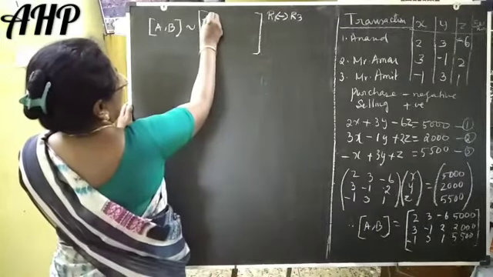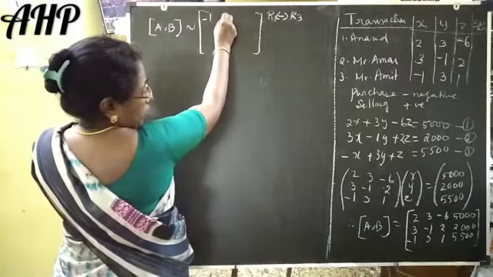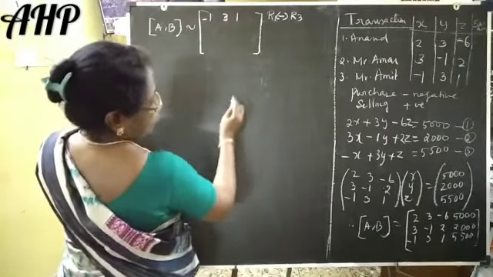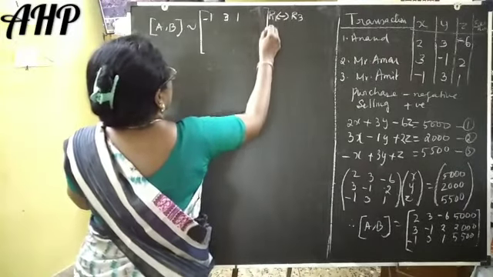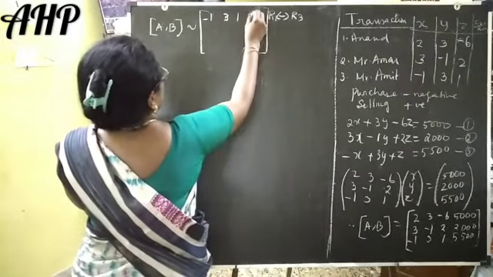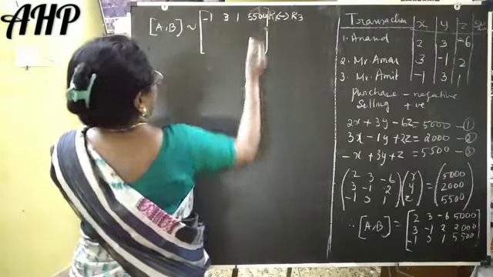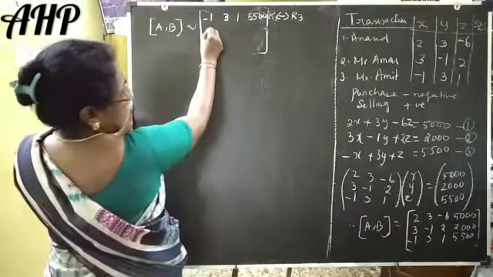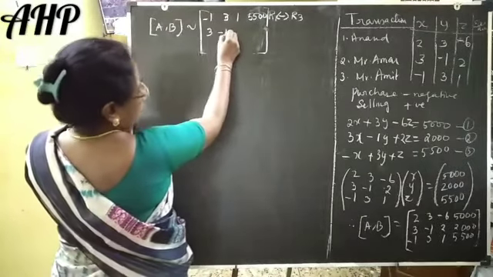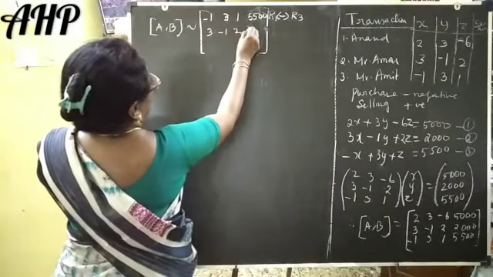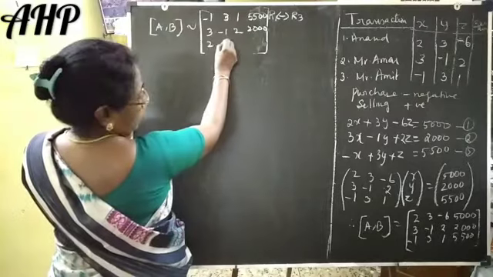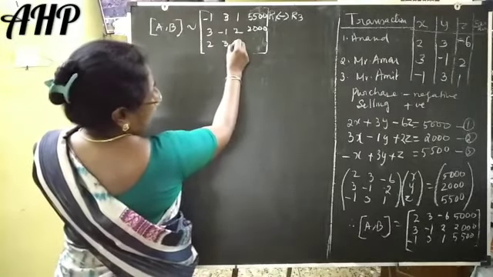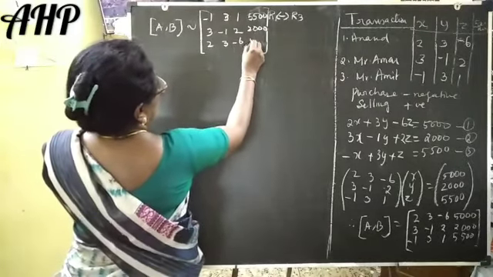So we get here -1, 3, 1, 5,500. The second row is as it is: 3, -1, 2, 2,000. The third row is going to be 2, 3, -6, 5,000.